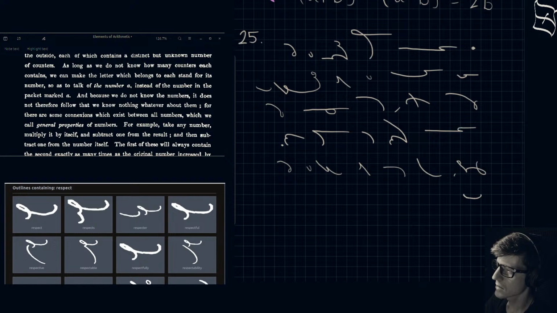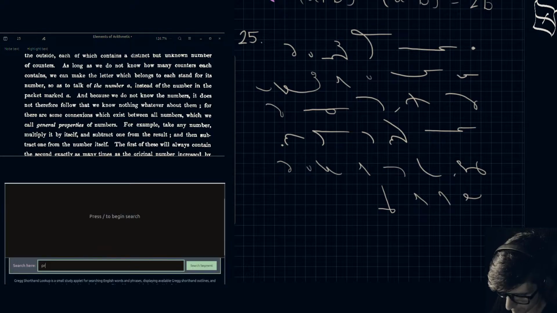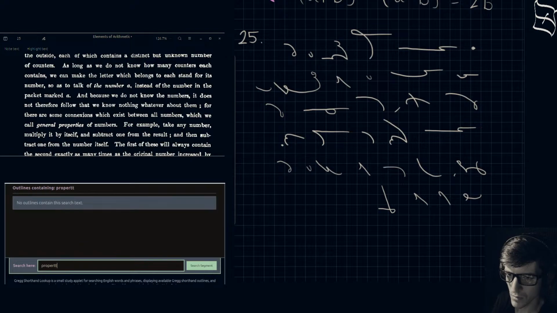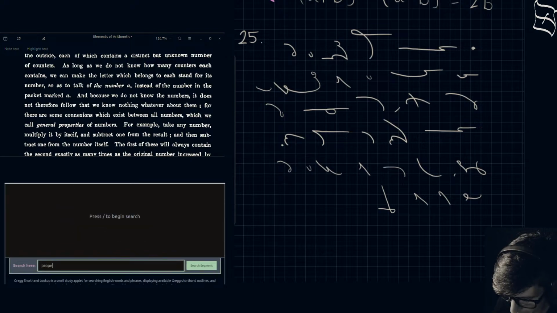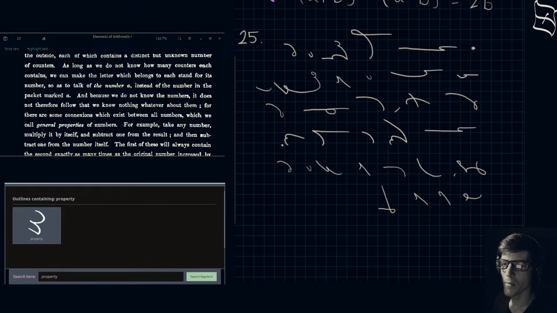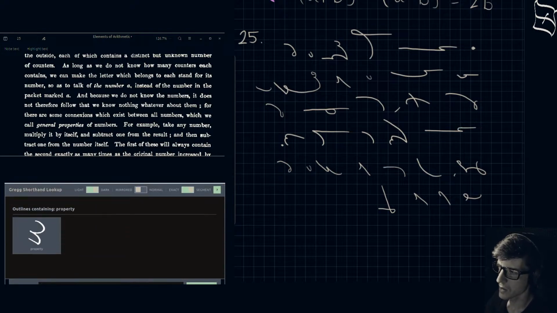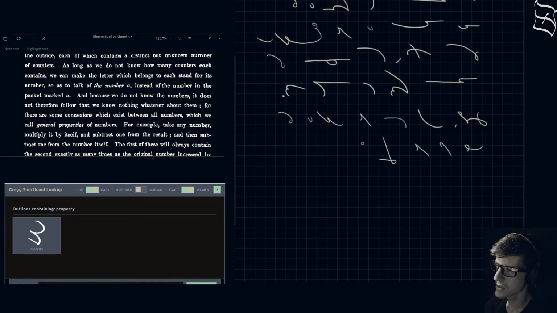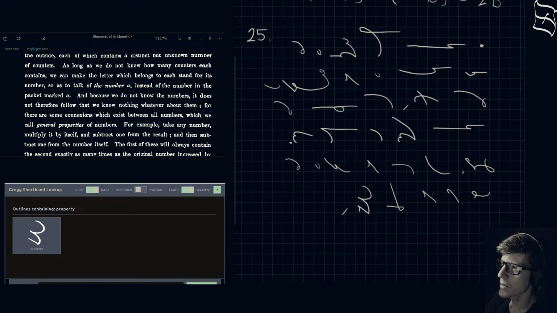With respect to its general properties. Let's go check that out here. There we go. Property. With respect to its general properties.